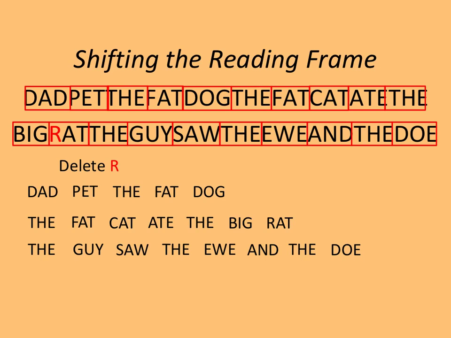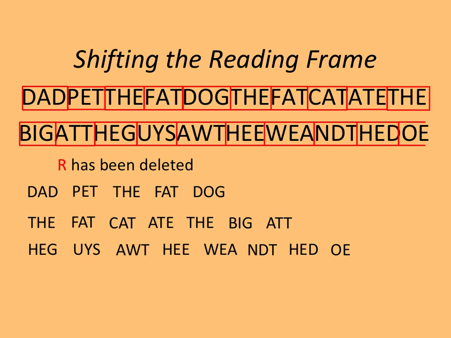So if you look at rat down there, if you remove that R, everything up to that R made an actual amino acid, and then at that point is where things went south.